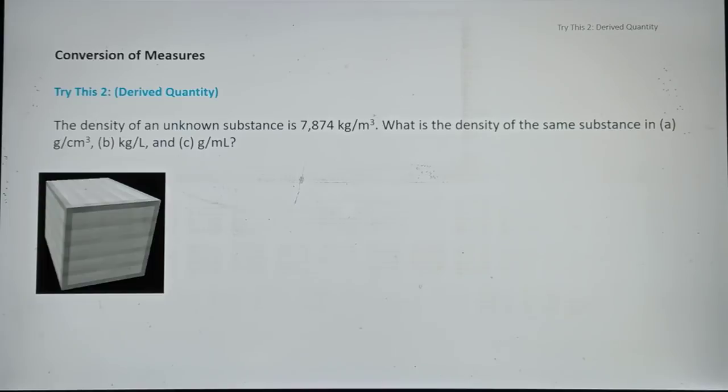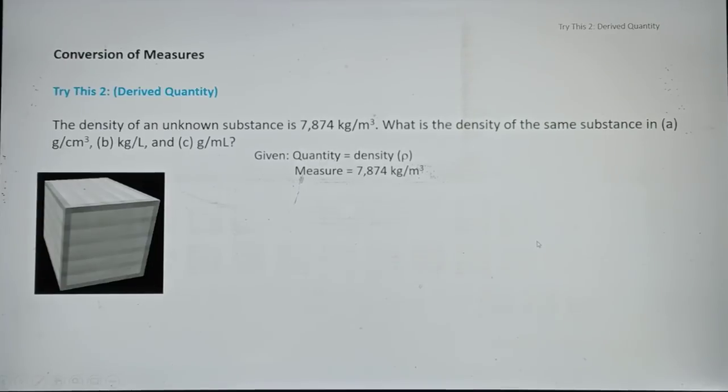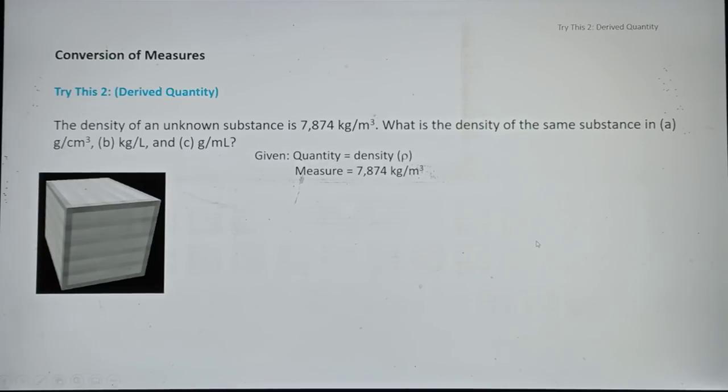Okay, class, the 3 minutes is over. Let's check your answers. In this problem, the given quantity is density. The measure of the density is 7,874 kilograms per cubic meter.